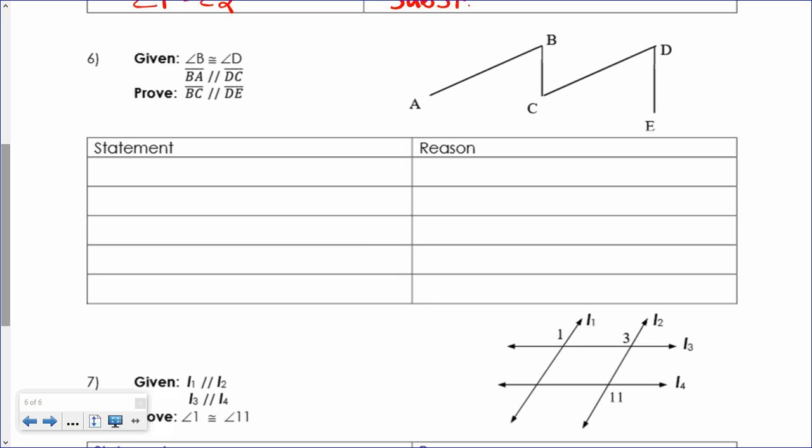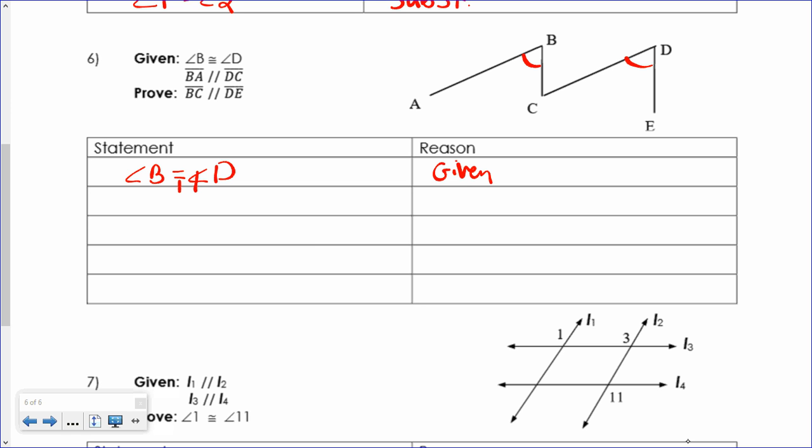Okay, let's try to do this one. Angle B is equal to angle D. So we can draw that. Alright, I know that angle B and angle D are congruent based on my givens.